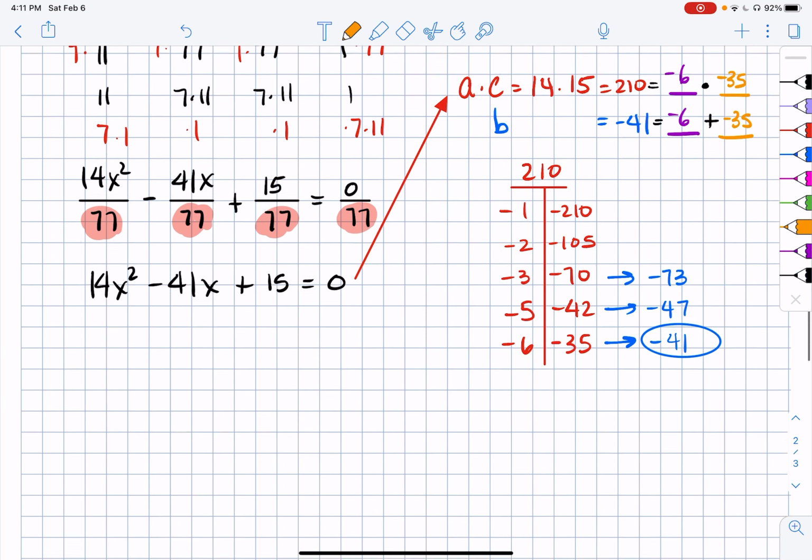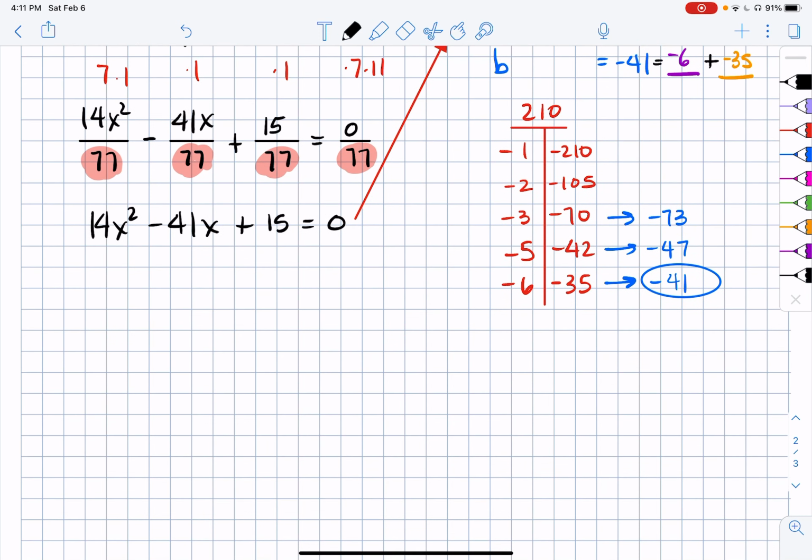All right, so I'm ready now. 14x squared minus 6x minus 35x plus 15 is equal to 0. I have four terms here.